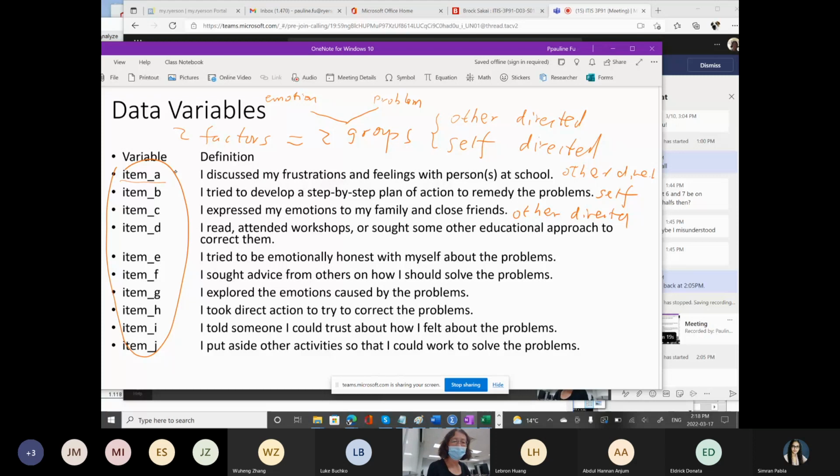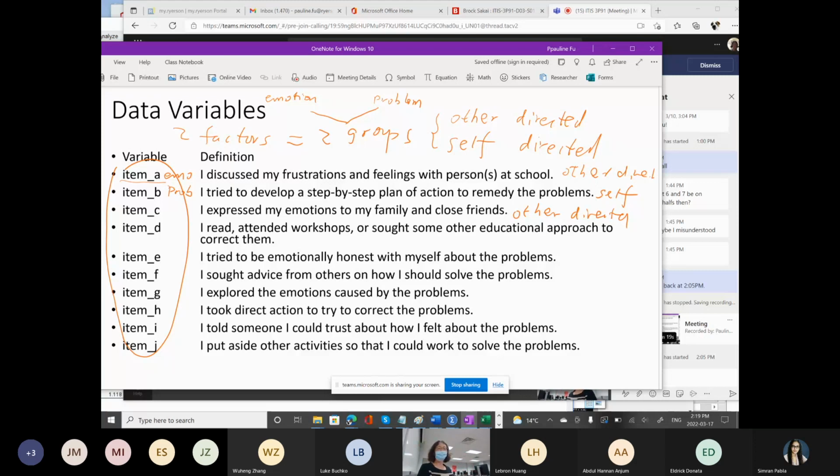I would say emotion focused. Okay, emotion focused. Next, let's check item B. Item B said, I try to develop a step-by-step plan of action to remedy the problem. So this one obviously is problem-based. Did you see it? Okay, so you keep on going. You have 2 groups, emotion-based and problem-based.